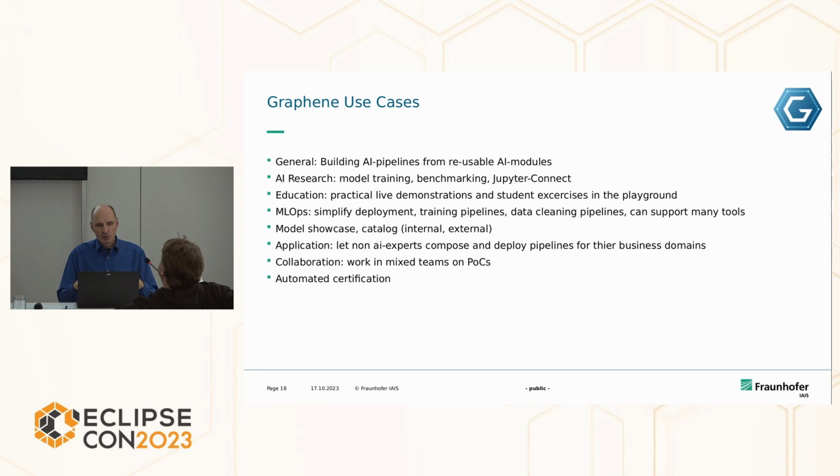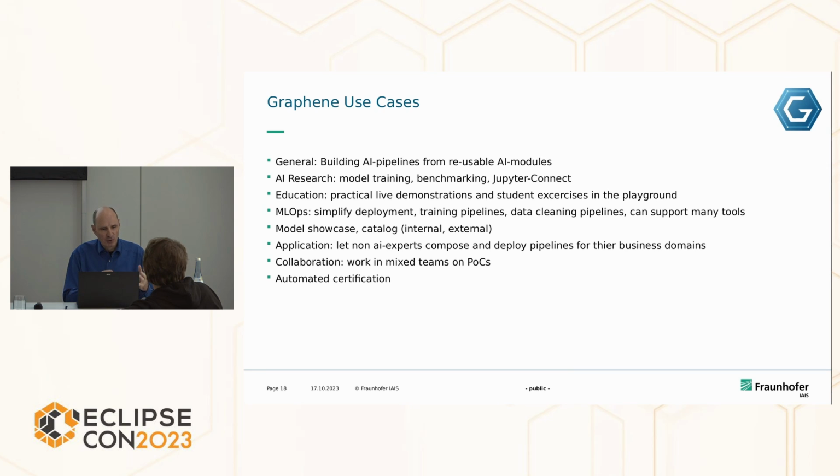And I also want to describe some of the use cases where we can actually use Graphene. So in the general case, we can build AI pipelines from reusable AI modules, of course. But more specifically, it can be used in AI research for model training, for benchmarking, for exploration with Jupyter Connect.